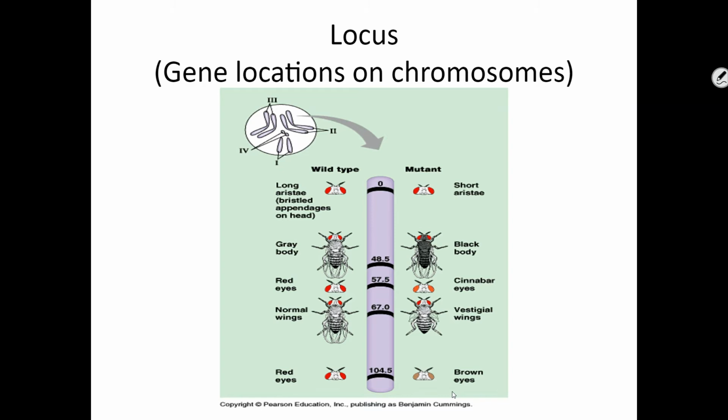And so this term locus just refers to the location of a gene on a chromosome. This will be important when we talk more about meiosis, and then link that together with the concepts of Mendelian genetics. Remember, like the dominant recessive, all that sort of thing. Those things are all intertwined together. And so understanding that genes have a location on a chromosome will be important for us.